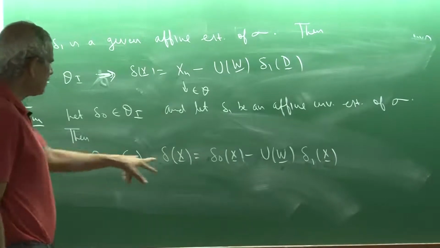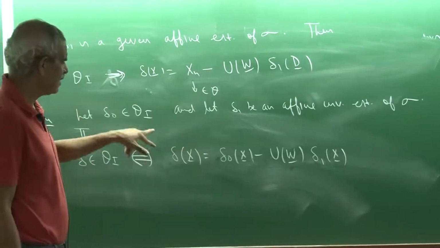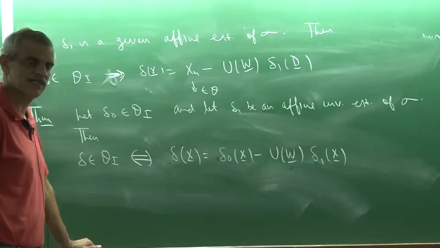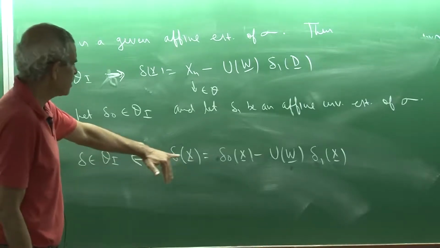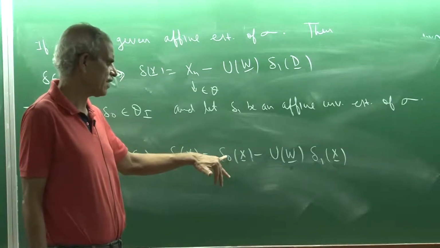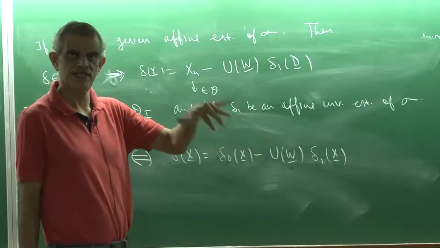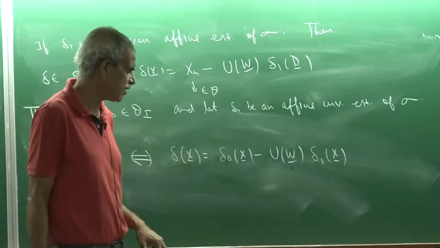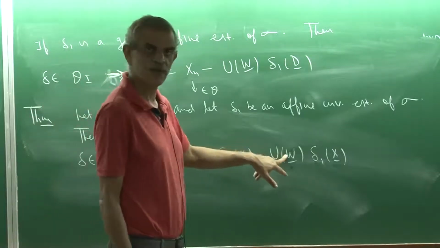If any estimator is of this type, you can easily see that delta of bx1 plus c, bxn plus c is the same as b of delta of x1, x2, xn plus c, because you know that delta naught is a location invariant estimator of mu. So it satisfies delta naught of bx1 plus c, bxn plus c is the same as b of delta naught x plus c. Minus u, w does not depend.